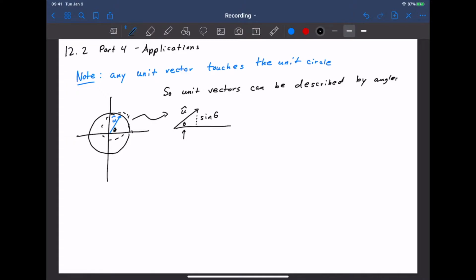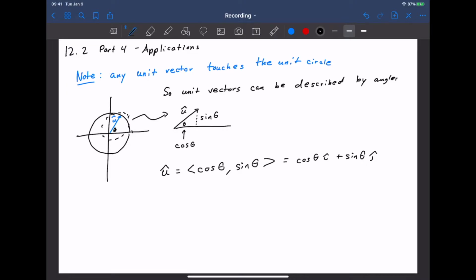What's the x-coordinate? The cosine of theta. So the unit vectors are all some angle theta plugged into cosine and some angle theta plugged into sine. Or in ij notation, cosine theta in the i direction plus sine theta in the j direction.